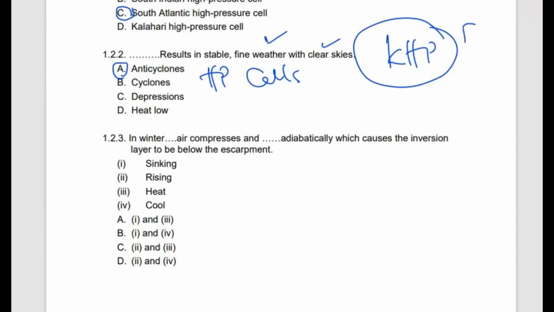Because there is strong sinking air, there are no tendencies of cloud formation. Clouds can only form if the air is rising or ascending. But if the air is sinking, it means we have clear skies and fine weather. It's typical of conditions associated with anticyclones or high pressure cells.